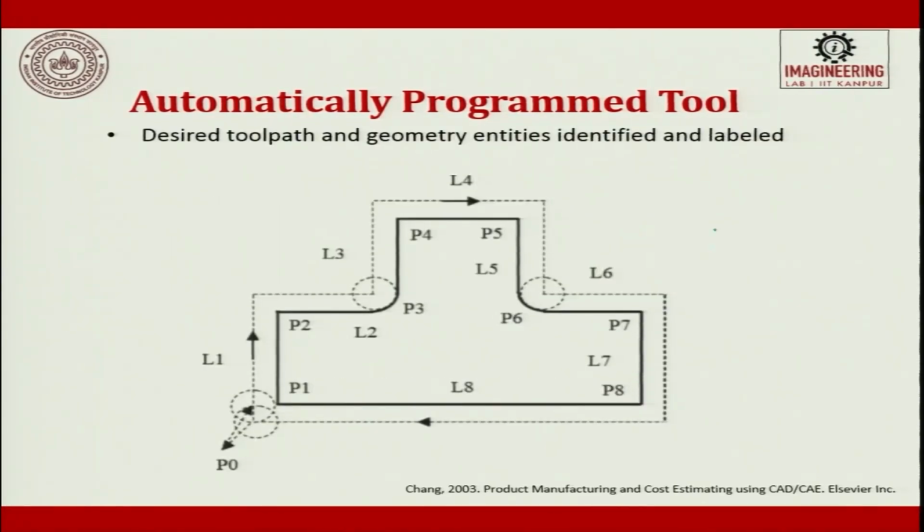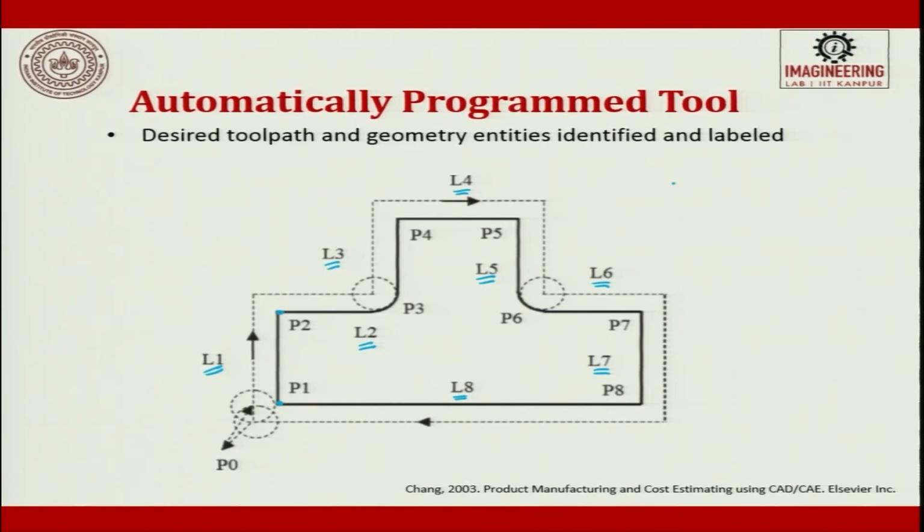So, in APT, let us assume this is a part which has to be machined, and these are the points P1, P2, P3, P4, P5, P6, P7, P8 and P9. P1, P2 is joined by a line L1, P2, P3 by L2, P3, P4 by L3, P4, P5 by L4, P5, P6 by L5, P6, P7 by L6, P7, P8 by L7, P8, P1 by L8.